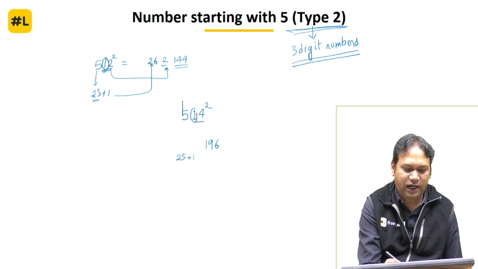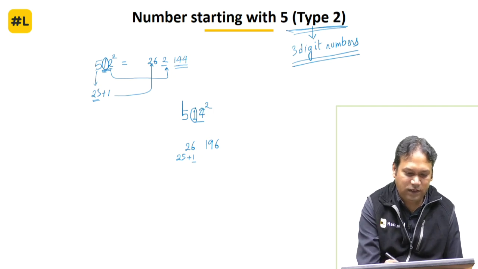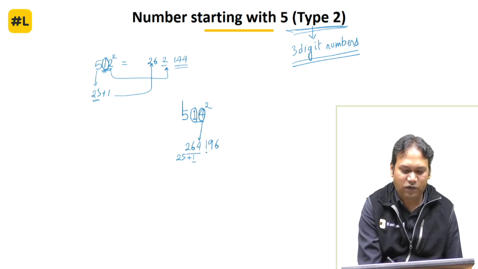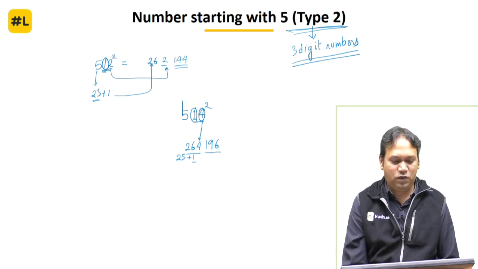Number on the right hand side 1. Add 25 and 1. You get 26. Now this number 4. Just this number 4. Please observe. Will come right at the center as it is. No change. 264196. What is 514 square? 264196.